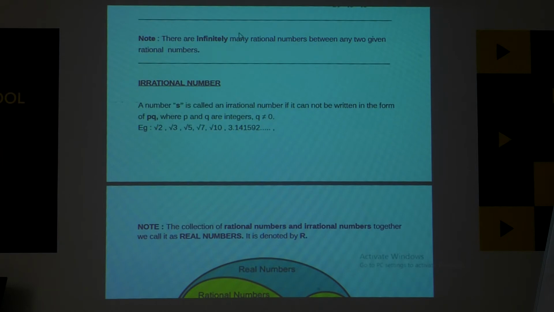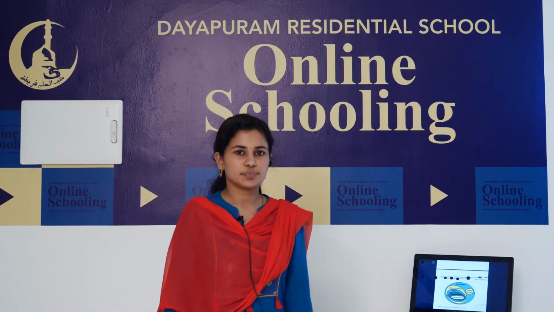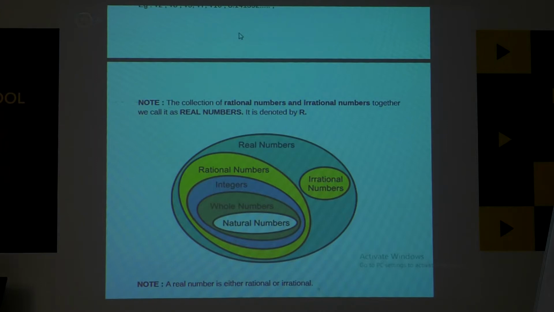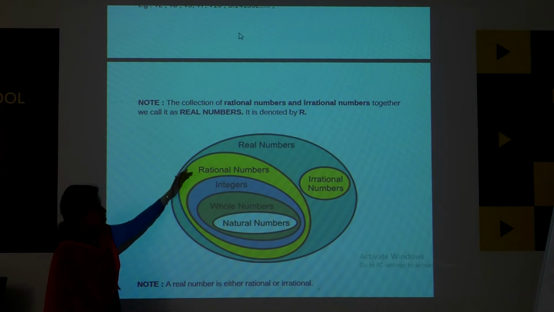Root numbers are simply called irrational numbers. That is root 2, root 3, root 5, root 7, root 10 and pi, 3.141592 etc. are called irrational numbers. First we studied natural numbers, whole numbers, integers, rational numbers.